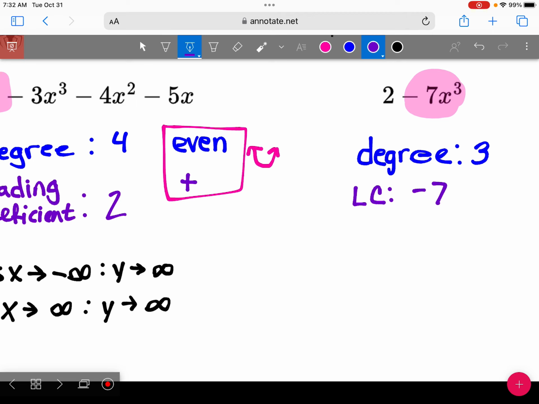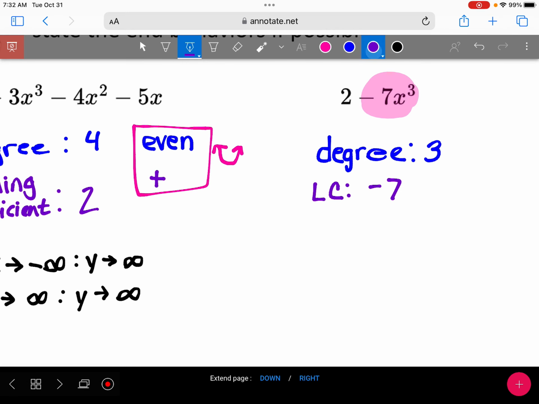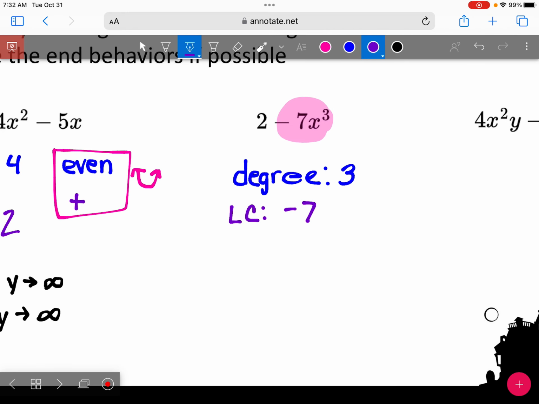If they put the negative out in front, it's really easy to spot. If it's just minus 7x cubed, we have to know that means it's a -7 as our leading coefficient. So that means we have an odd and negative function.